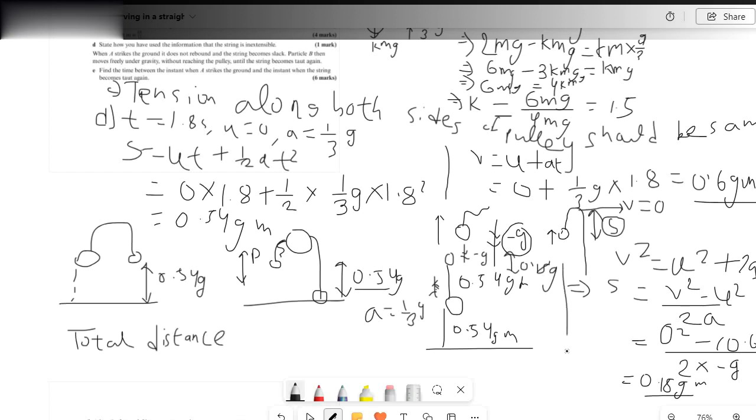So the total distance traveled will be the sum of all three distances, which is 0.54 plus 0.54 plus 0.18, whole multiplied with g, because they were multiplied with g initially, which we get being 1.26 g, and this is our answer.